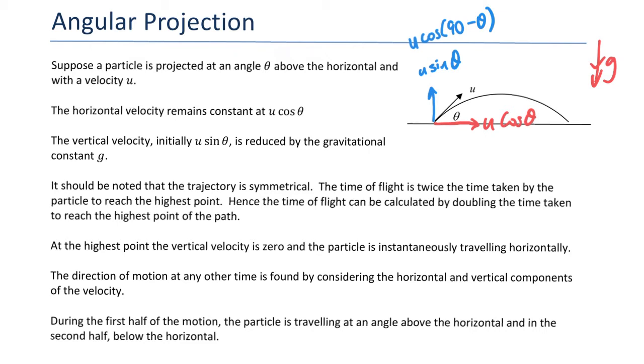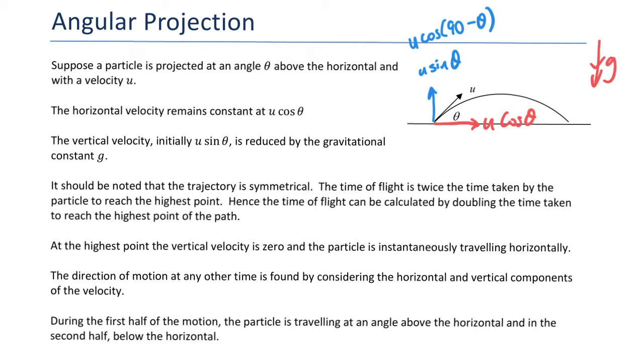So on the path on the way up, the vertical velocity will be decreasing, and then on the way back down again, the vertical velocity will be increasing. The trajectory is symmetrical. The flight time is twice the time taken for the particle to reach the highest point.